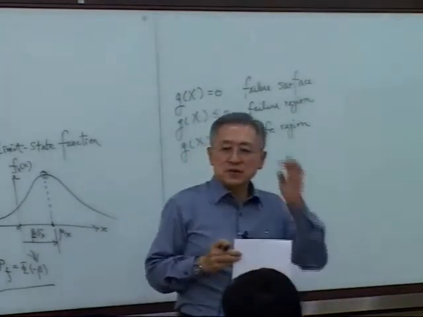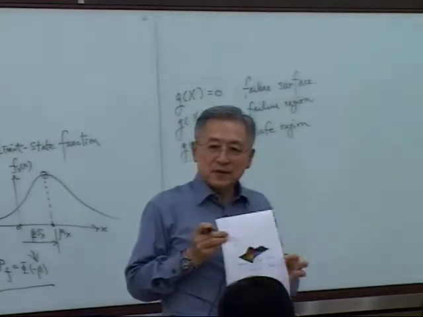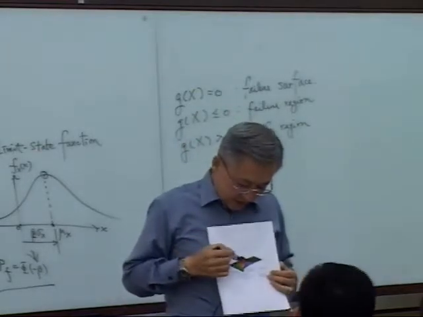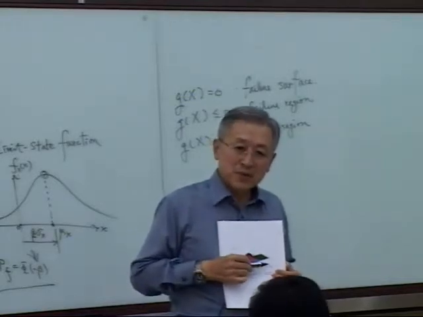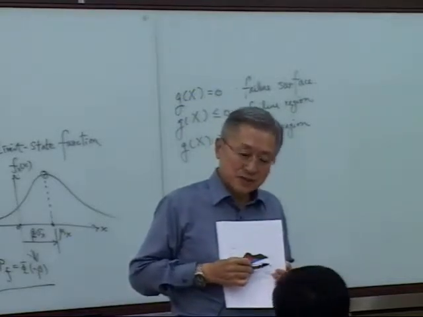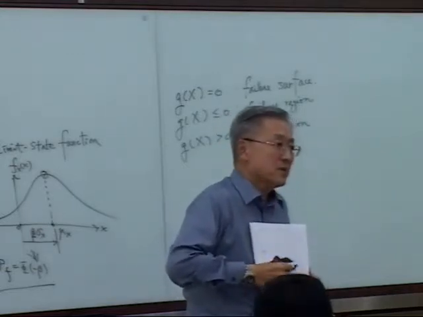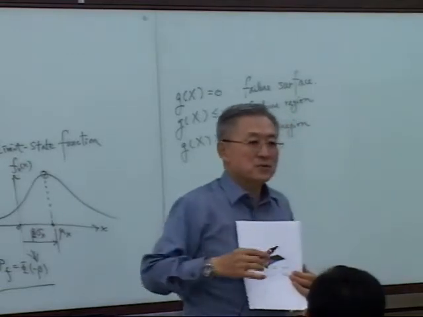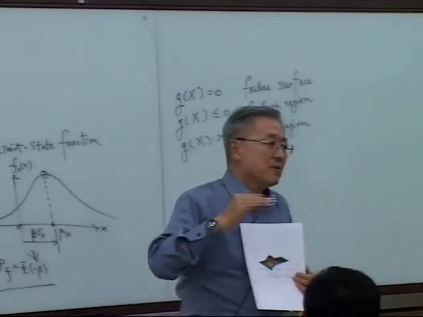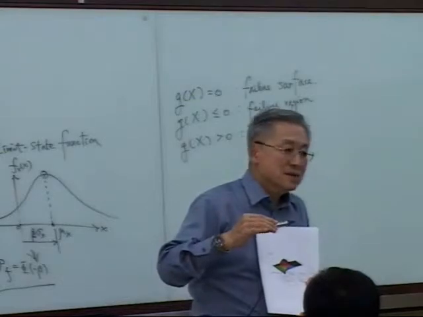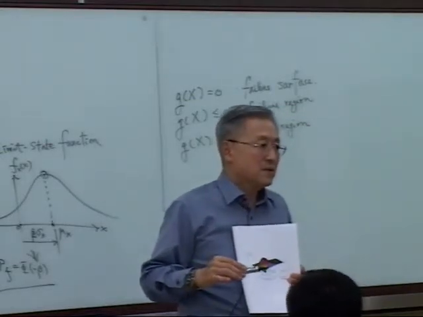In terms of probability of failure, I cut this by the failure plane, the failure surface, but cut off the volume. You see, there will be a cut off volume, right? If you make a continuation of the probability density function, that volume is the probability of failure.